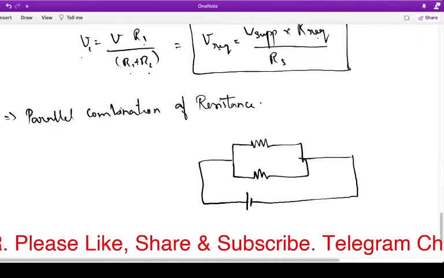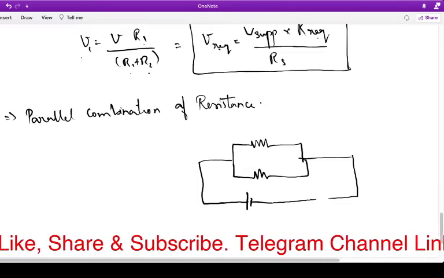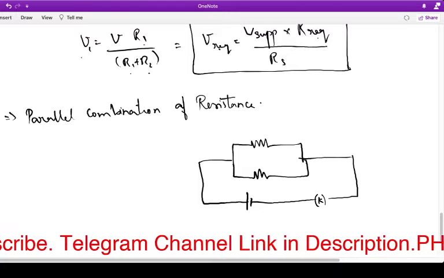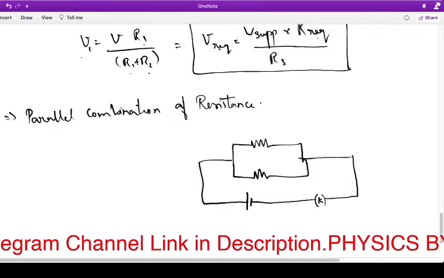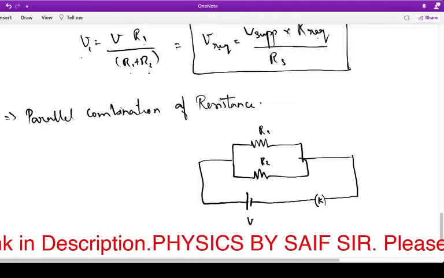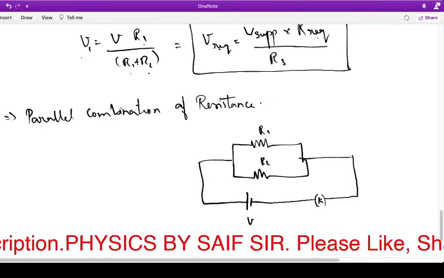Okay, if you want you can add a switch here. R1, R2, this is V.